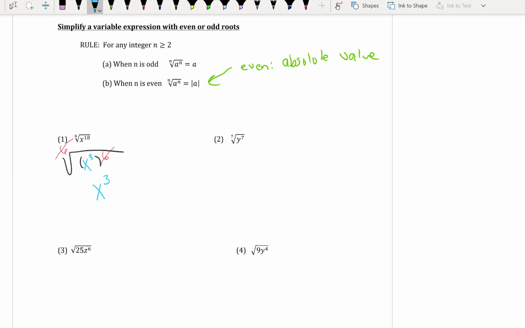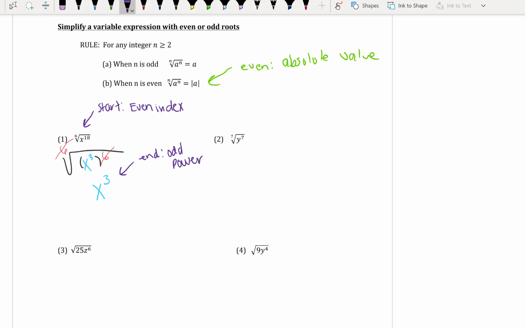And now we have to be careful. So what did we start with? At the very start, we begin with an even index. And then at the end, we end with an odd power.